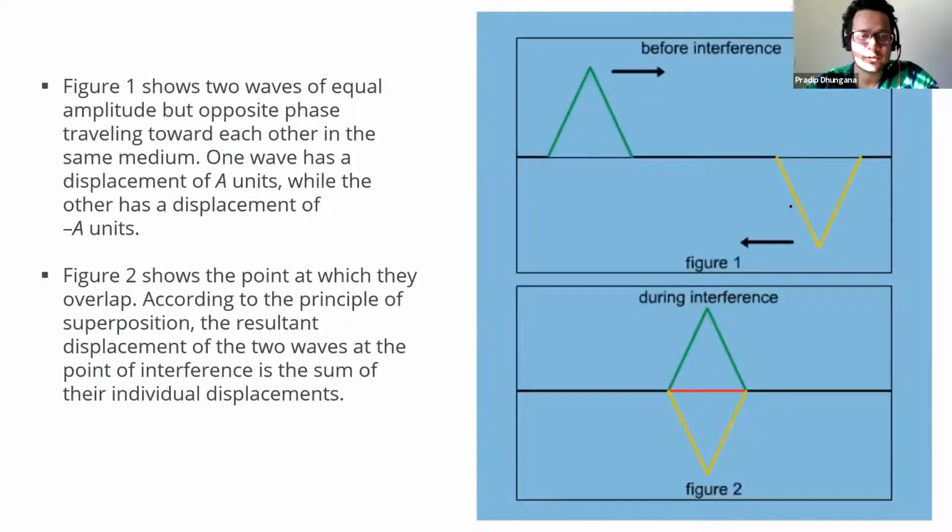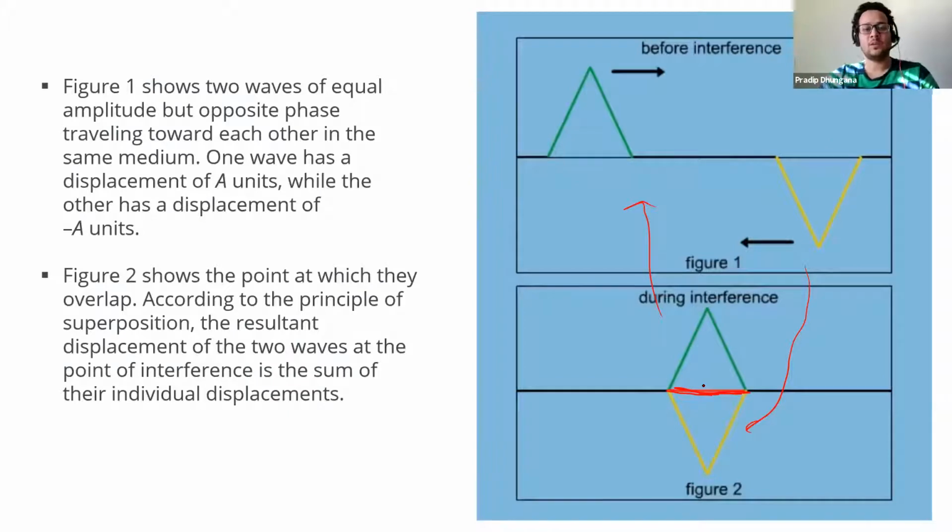Now when those two waves overlap with each other, according to the principle of superposition, the displacement of the two waves at the point of interference is the sum of their individual displacements. We have to add those two. This is that wave, and another one is that wave. When we add those two, we'll get a final wave like that.